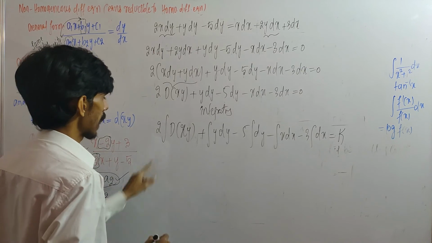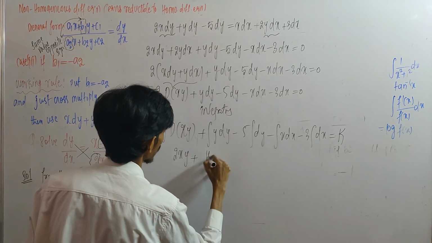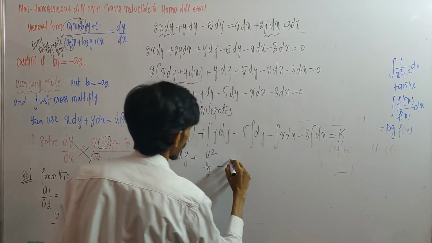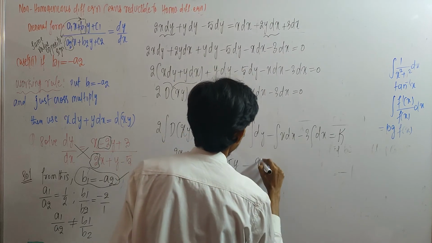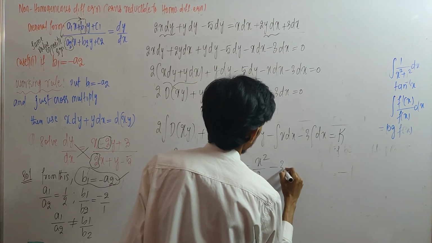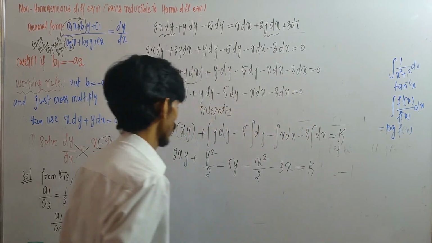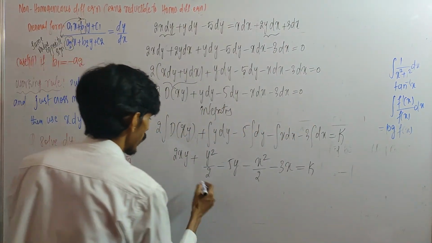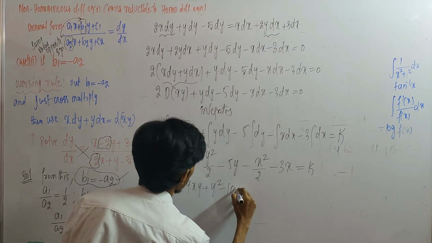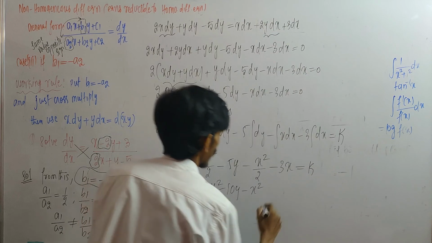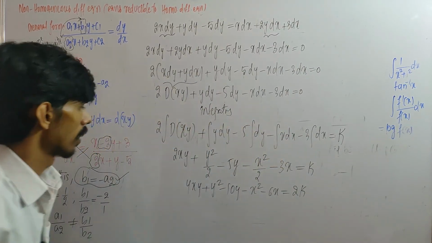Now integration and derivative cancel, we have 2xy plus integration of y is y square by 2, minus 5y, and here I have x square by 2 minus 3x, is equal to k. Now take LCM, we'll get 4xy plus y square minus 10y minus x square minus 6x is equal to 2k.